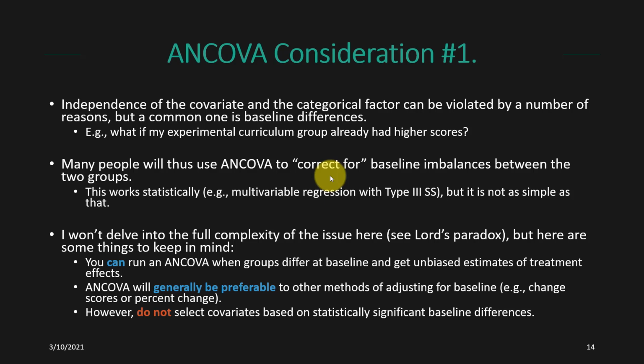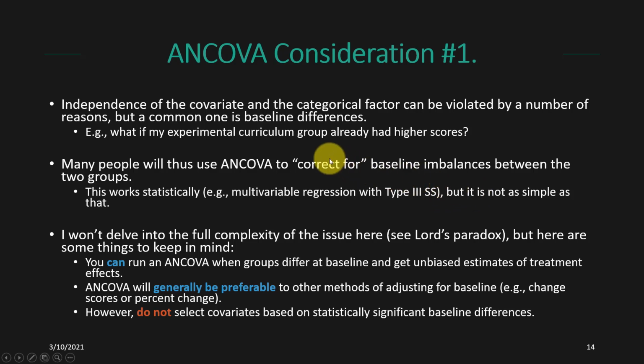So statistically, this works. But remember, this is a multivariable regression, and we're doing a type 3 sum of squared errors calculation. If you don't remember what those terms mean, you can refer back to some of our previous videos. But the main thing is to take into account that if the covariate is correlated with the independent variable, their shared variance is getting excluded.